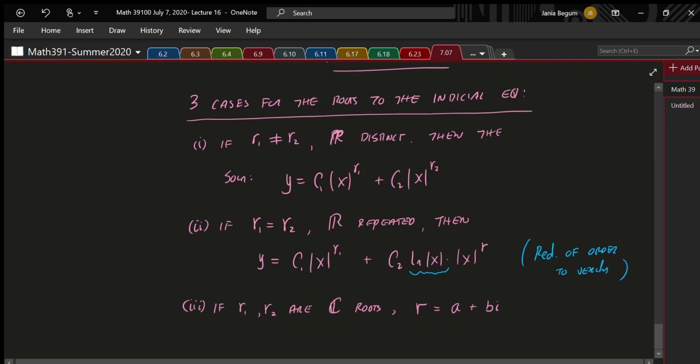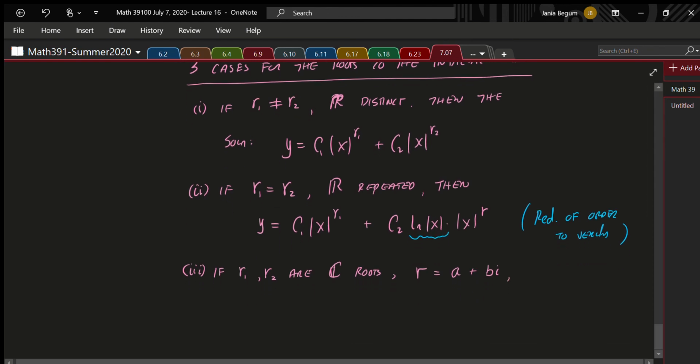Let's see how the solution would look. This one I'll give you a little illustration, but number two you'll have to derive for yourself. If that's what we're assuming, the solution is going to be x to the r. If r is a complex number, you have x to the a plus bi.